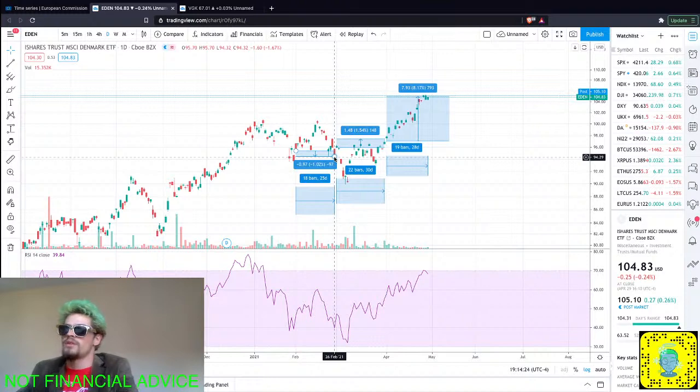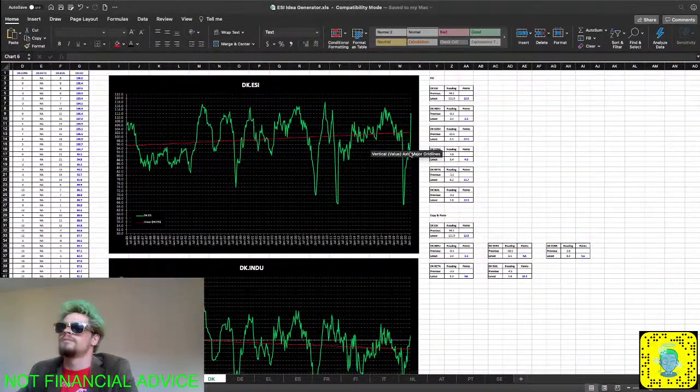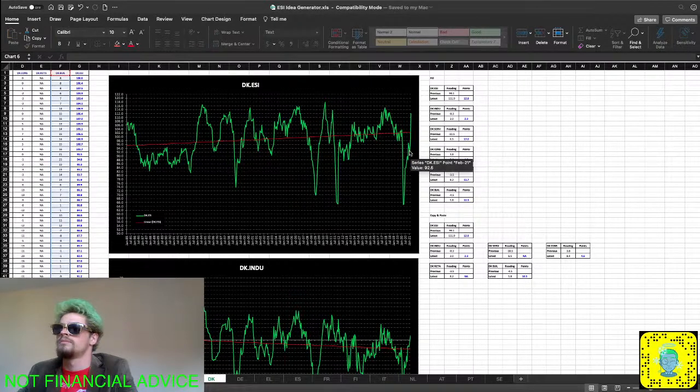And if we look on the Denmark economic sentiment indicator for that month, it will show us that there was contraction. So it would make sense. It's still below this trend line, and it's showing contraction. So it would not make sense to have bought this at the end of February when this data came out.